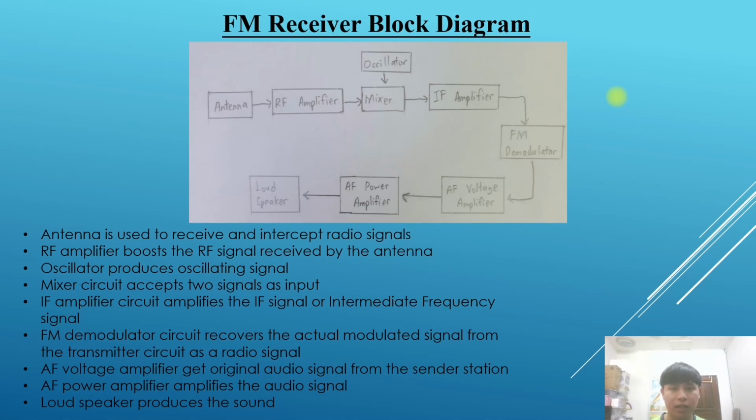After that the IF amplifier will amplify the IF or intermediate frequency signal, and the FM demodulator circuit will recover the actual modulated signal from the transmitter circuit. After that, the AF voltage amplifier will get the original audio signal, and the AF power amplifier amplifies the audio signal, and lastly, the loudspeaker will produce the sound.